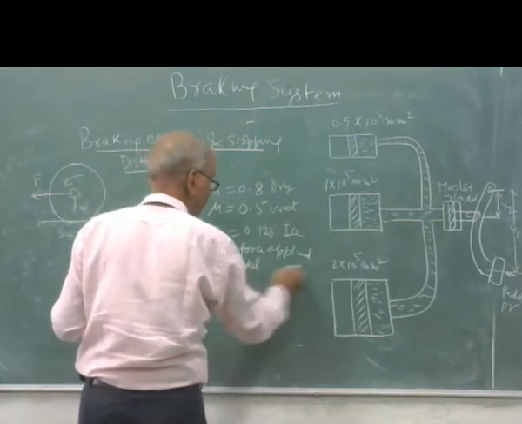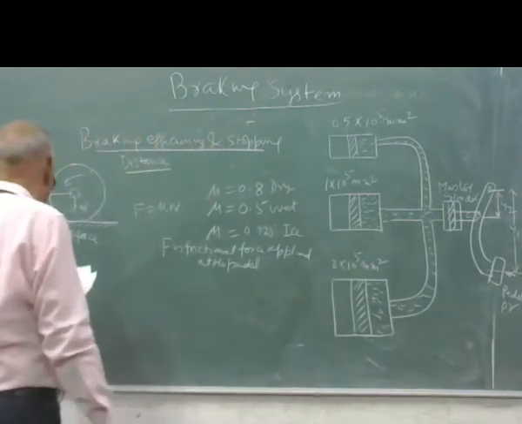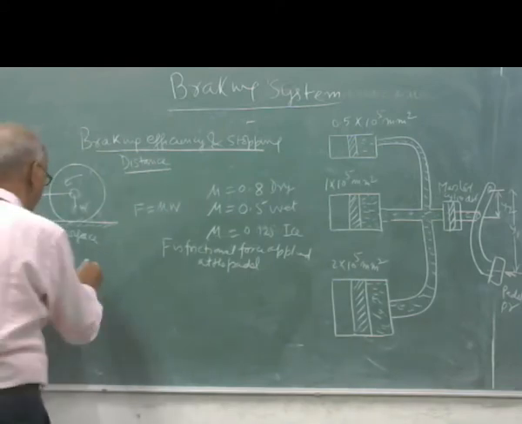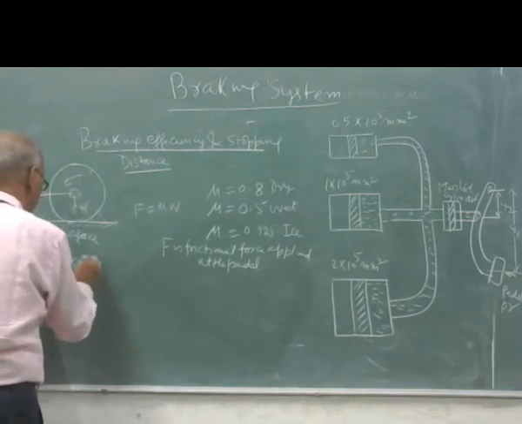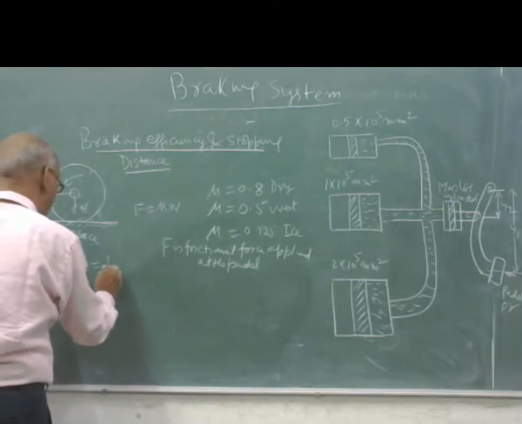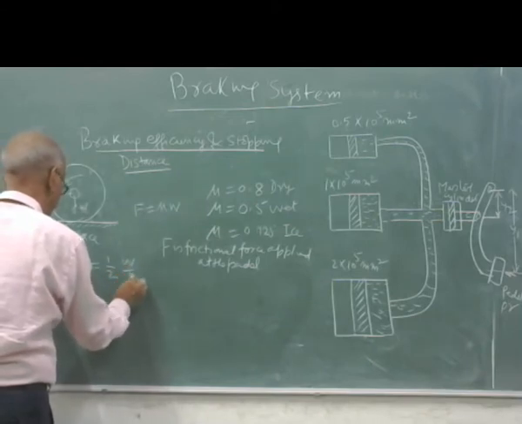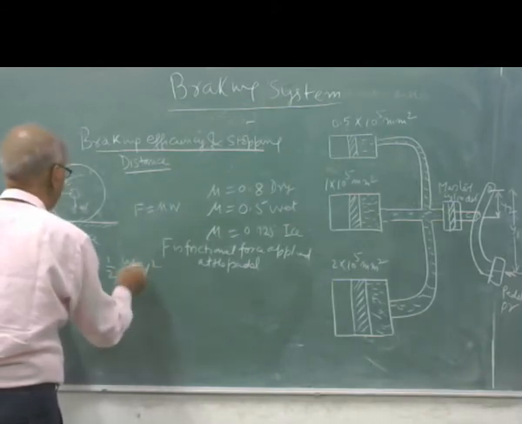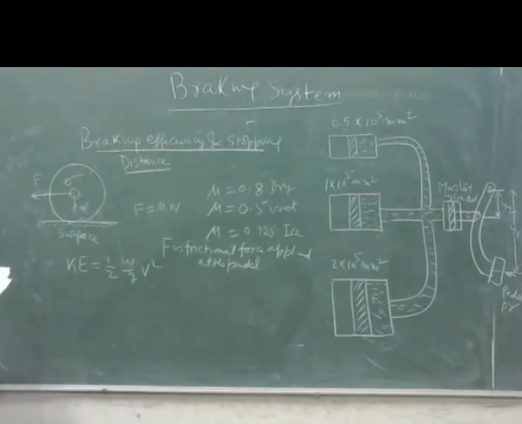We are applying frictional force F on the pedal. Then kinetic energy is given by half W by G into V square, where V is the linear velocity of the wheel.